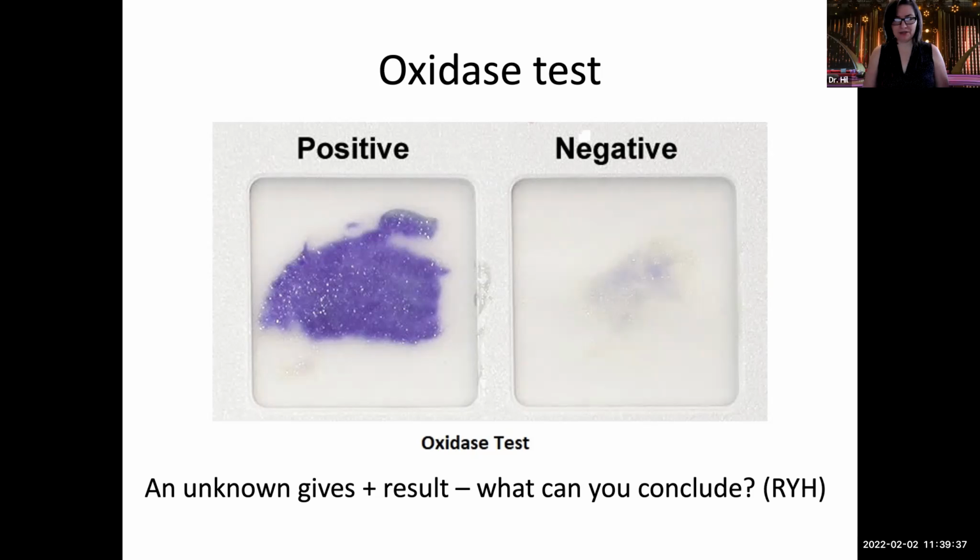Exactly. Okay, so a negative doesn't actually tell you that it doesn't do aerobic respiration. That's because cytochrome C oxidase, which is the specific enzyme being tested for here, can be replaced by other enzymes in some organisms. But if we know that it does have it, well, that says for sure it's going to be able to do aerobic respiration.